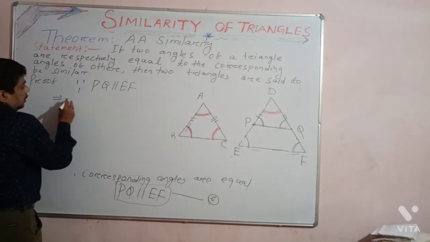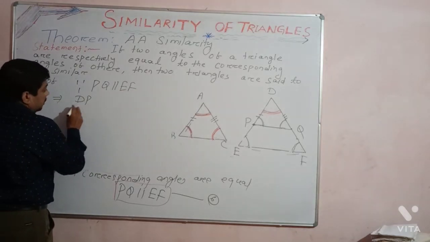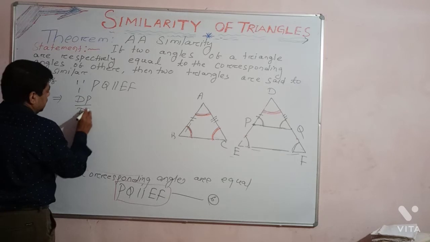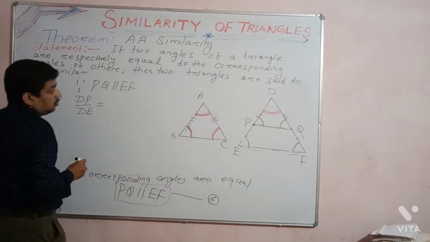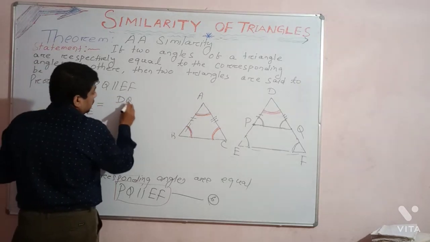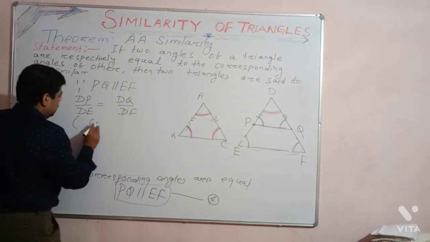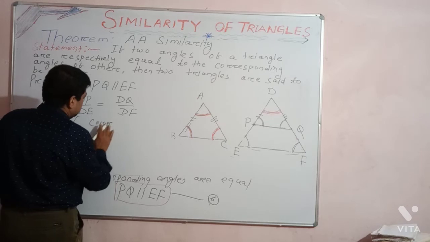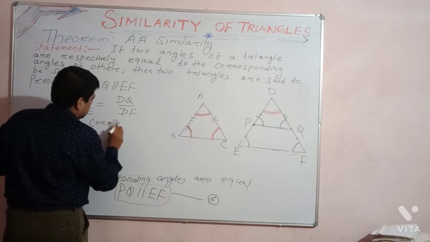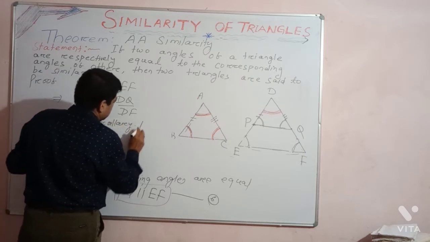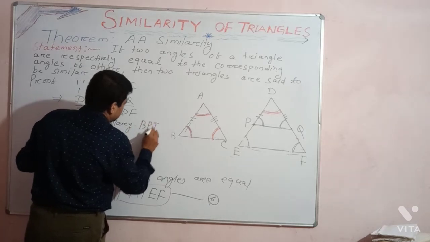Then DP upon DE is equal to DQ upon DF. This is the corollary of the BPT. This is called the corollary of the basic proportionality theorem.